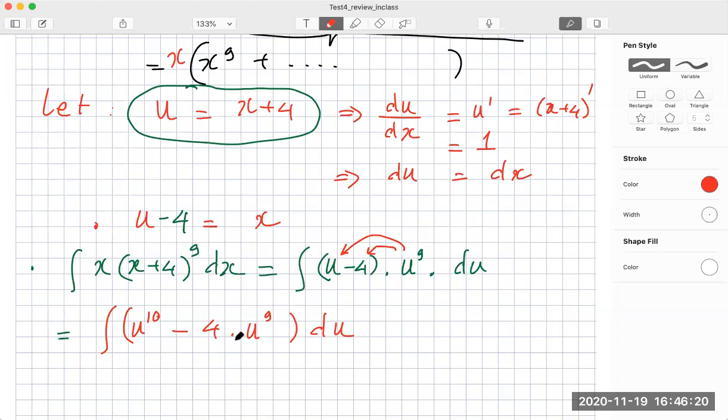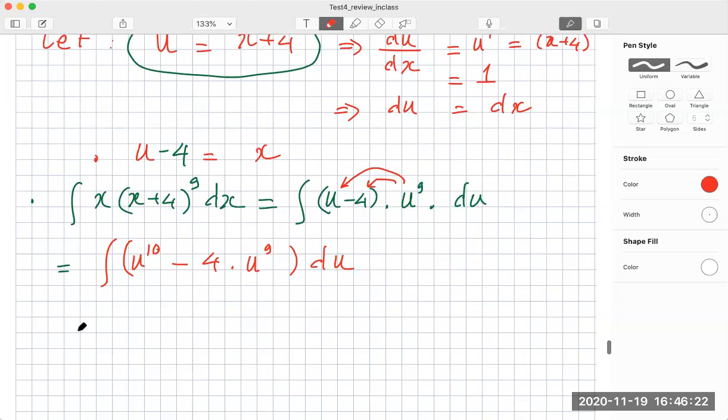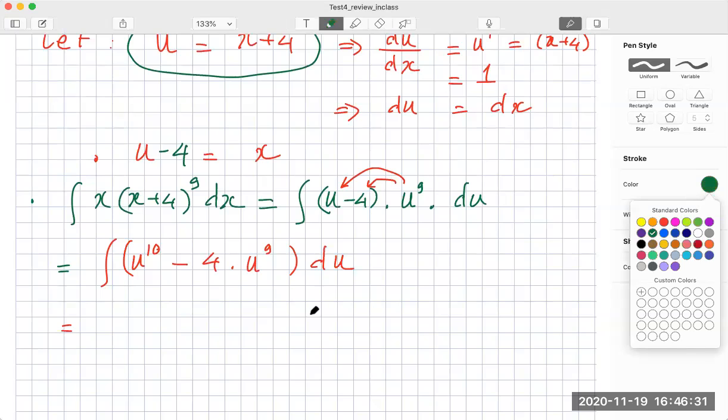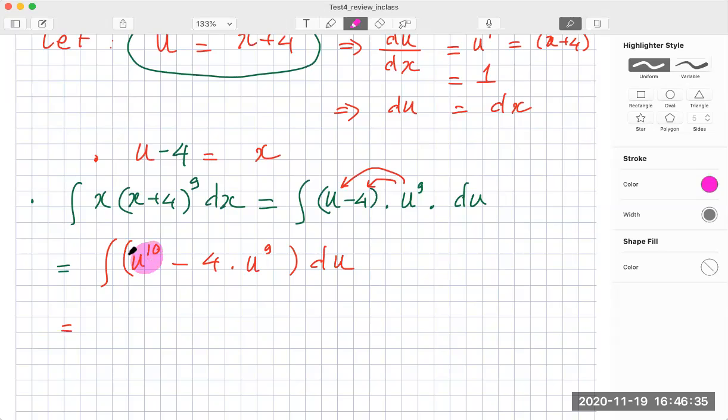Okay. We need to find the antiderivative of this. What is the antiderivative of u to the 10 here?